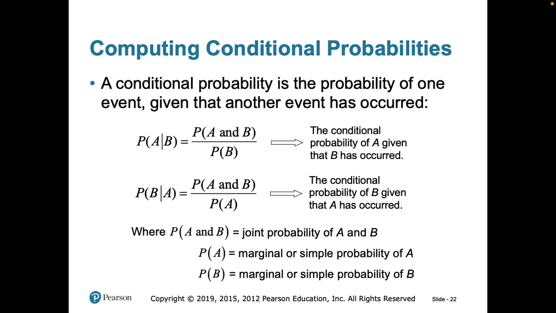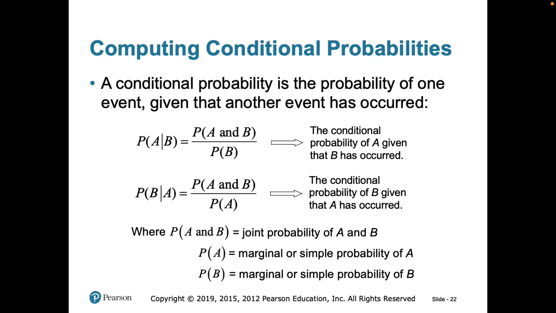Computing conditional probabilities. A conditional probability is the probability of one event given that another event has occurred. So you can say, what is the probability of B given that A has already occurred? And that is going to equal the probability of A and B divided by the probability of A. So the conditional probability of A given that B has occurred, on the other one, you have the conditional probability of B given that A has occurred.